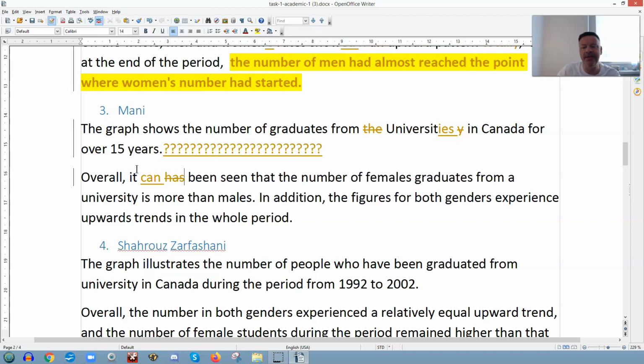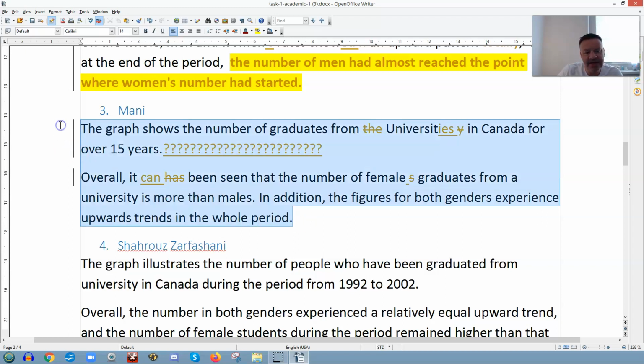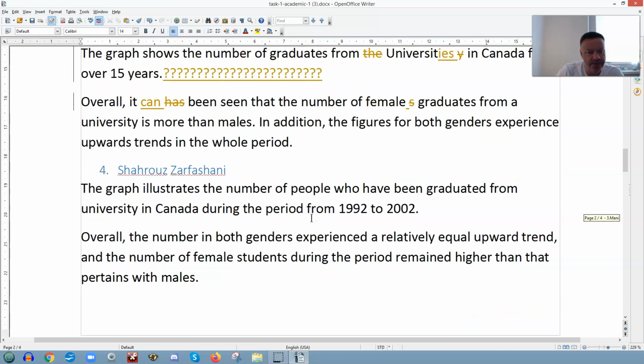It can be seen that the number of female graduates from a university, well, it's not a single university, is it? It's the whole of Canada, is more than males. Additionally, figures of both genders experience upward trends in the whole period. Okay. Very, very sparse. There's a lot more that you could add to that one.